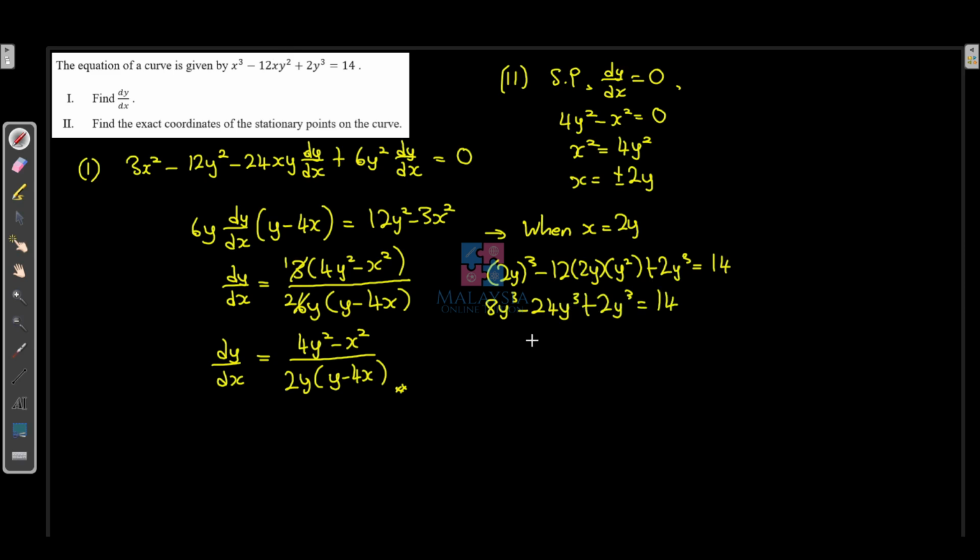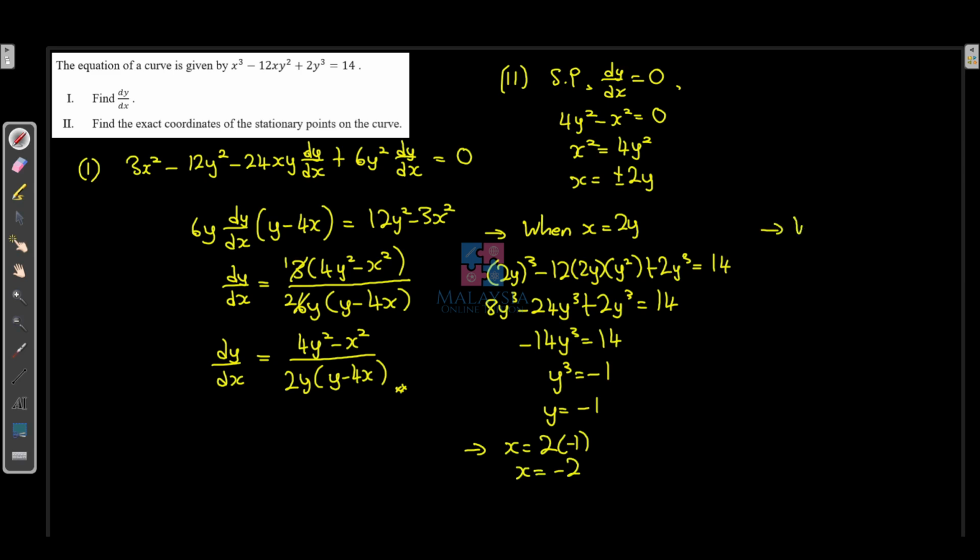So 10 minus 24, that is negative 14y cubed equals 14. And then you can see that y cubed equals negative 1. So the value of y here is going to be cube root of negative 1, which is just negative 1. And then for the x coordinate, you have 2 times negative 1, which is negative 2. So we found the first stationary point on the curve.